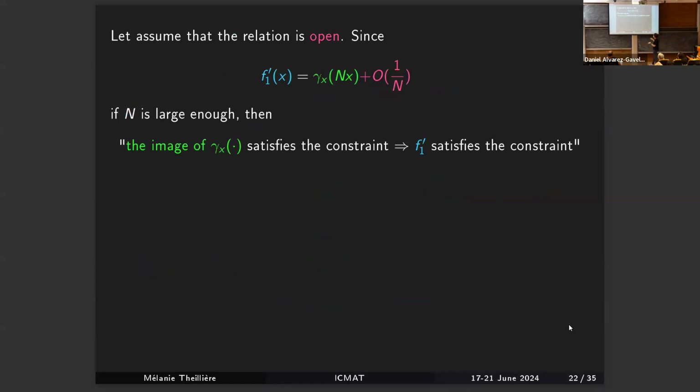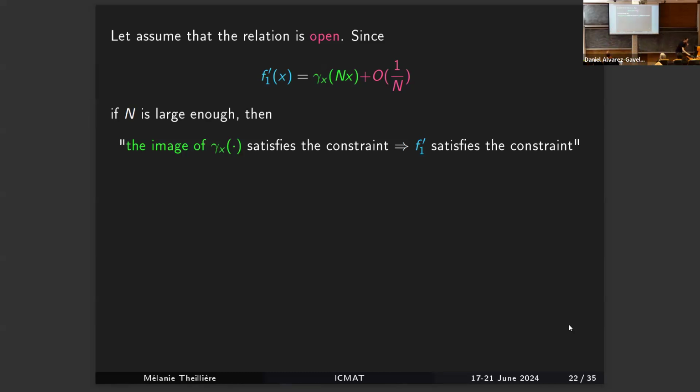So let's now assume that the relation is open. If it's open, we don't care about the error of big O of 1 over n, because if n is large enough, we can reduce this error as we want. So if n is large enough and the image of gamma satisfies the constraint, that means the derivative of the new curve also satisfies the constraint.